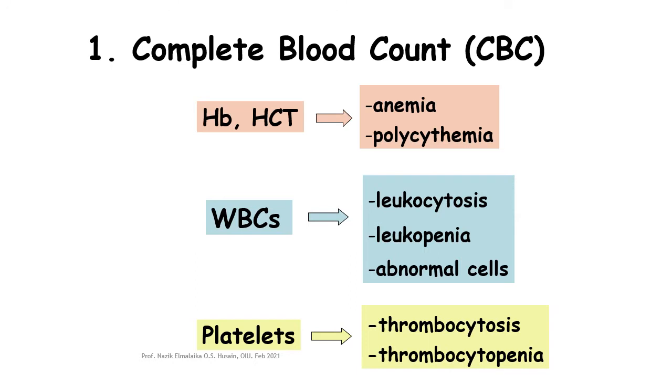Any increase in one of these leukocytes is called leukocytosis, and decrease in the measure or count is called leukopenia. Leukocytosis can be neutrophilia, eosinophilia, lymphocytosis, monocytosis, the different leukocytes types.